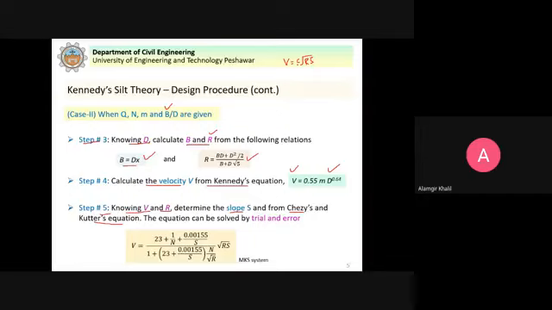So we replace C by the Kutter equation. This is actually C here, coming from the Kutter equation, into square root of RS. This is in the MKS system. Now you can see that the slope S is present in the numerator and the denominator. Since S is present in both, this equation can be solved by trial and error.